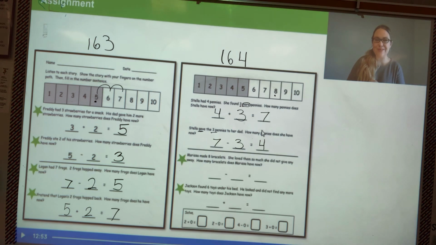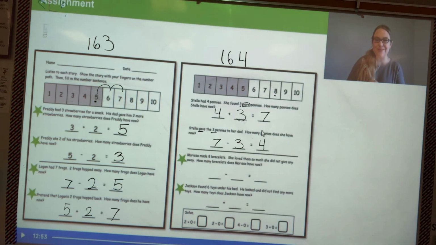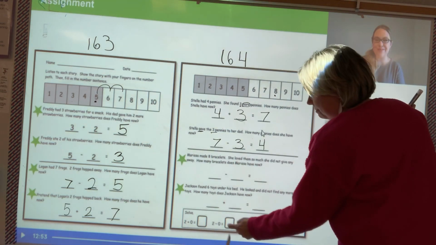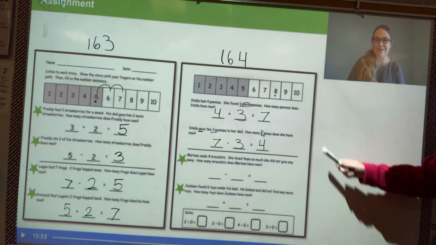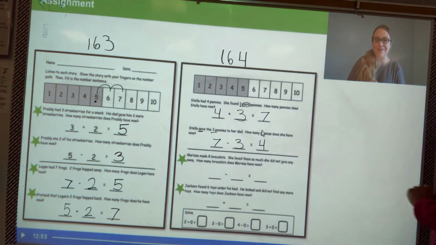He looked and did not find any more toys. How many toys does Jackson have now? Fill out your number sentence. Once you're done, solve these at the bottom. You can use your number path to help you. Don't forget to take a picture and submit it to me.